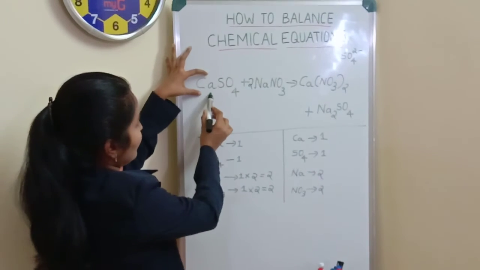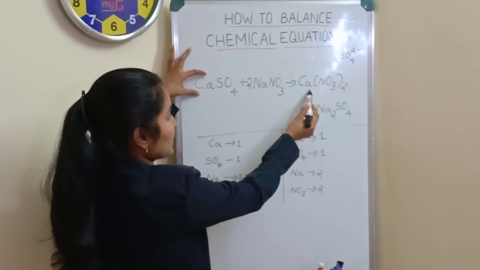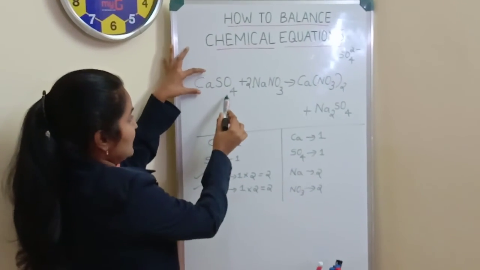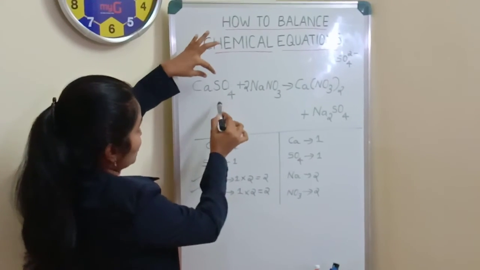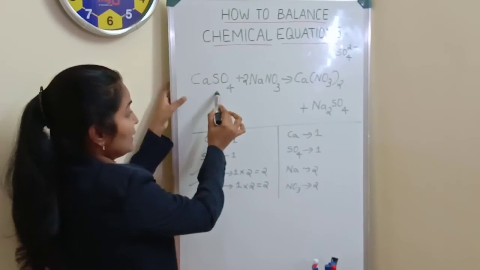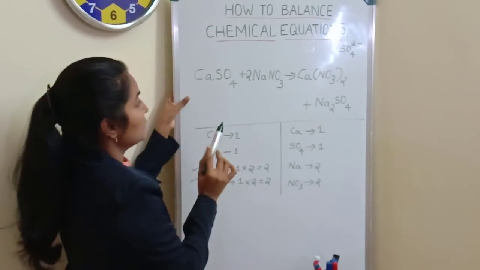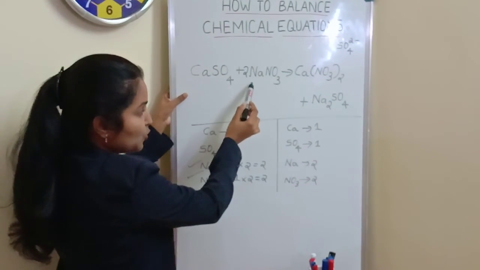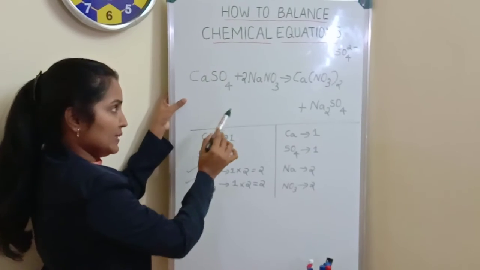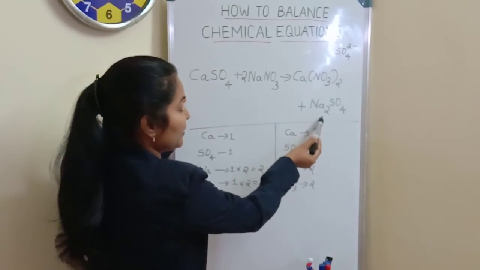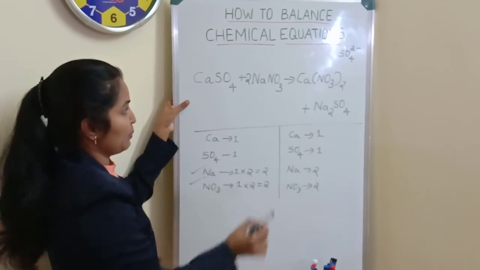You see here calcium 1 here and the product side also 1. Okay. Sulfate ion SO4 is only 1 in the reactant side and in the product side also it is only 1. Sodium is 2 in the reactant. 2 atoms are present in the reactant side. In the same way in the product side also 2 atoms are present.